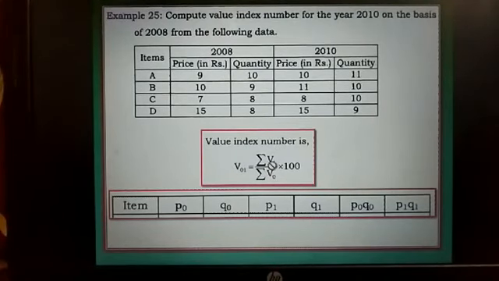Since we want to substitute in numerator V1, which is nothing but P1 Q1, that's why P1 Q1 is required, and V0 to be substituted in the denominator, which is P0 Q0, so P0 Q0 is also required. So these two additional columns may have to be calculated based on the given data. Substitute those summations and perform arithmetic calculation to get value index number. Simple one, students. Let us perform it.